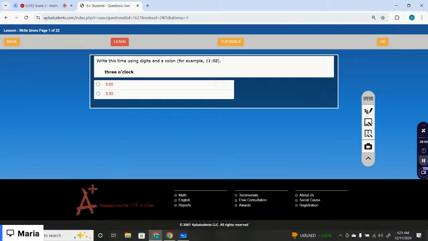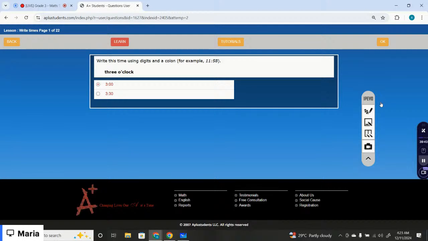Write this time using digits and a colon. Three o'clock it is, right?